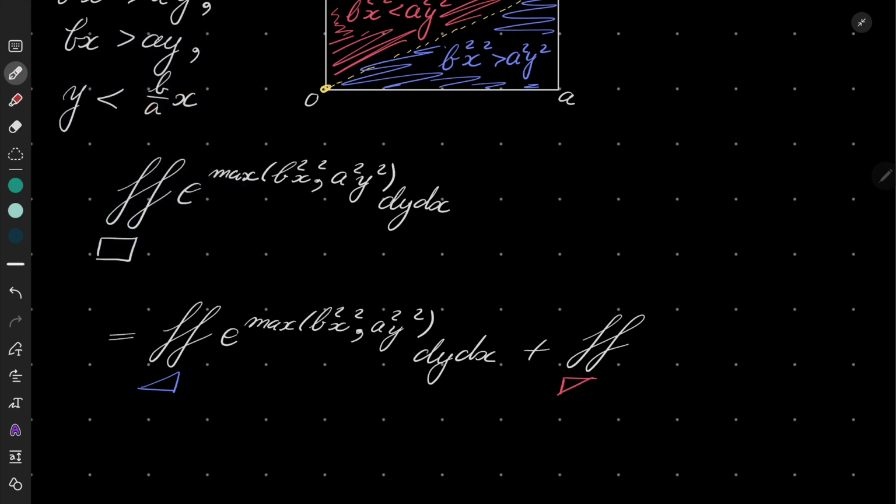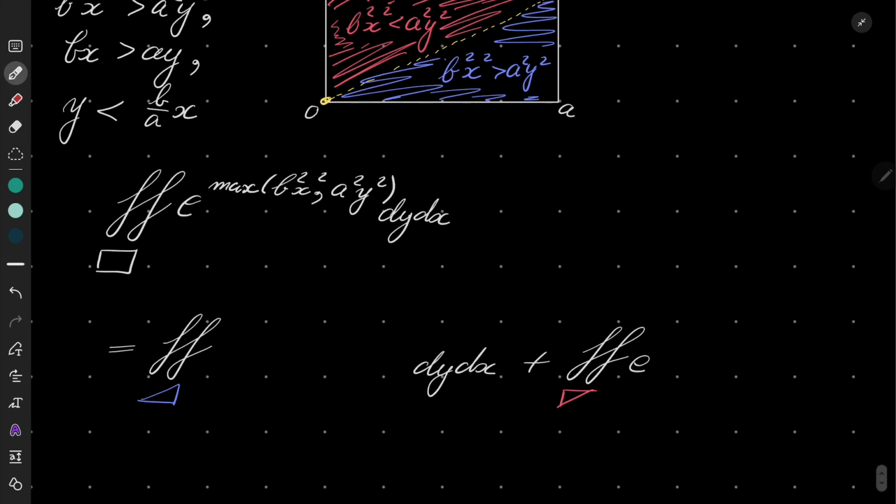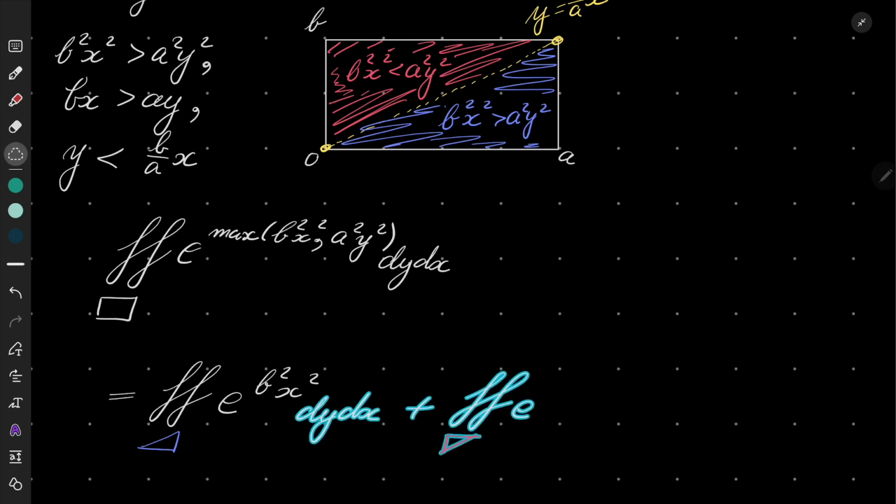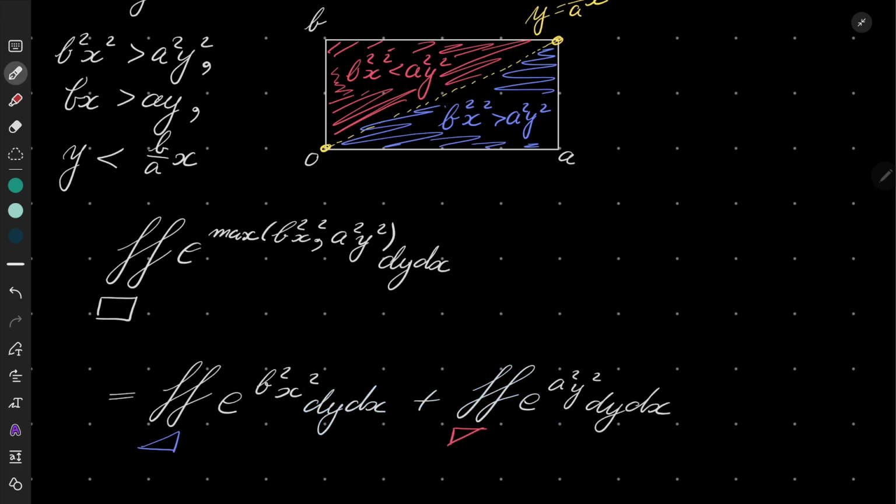Maybe we notice that if we are going over the lower triangle, we know that b squared x squared is greater than a squared y squared, so here we have exactly that. And here, by contrast, we'll have a squared y squared, dy dx.